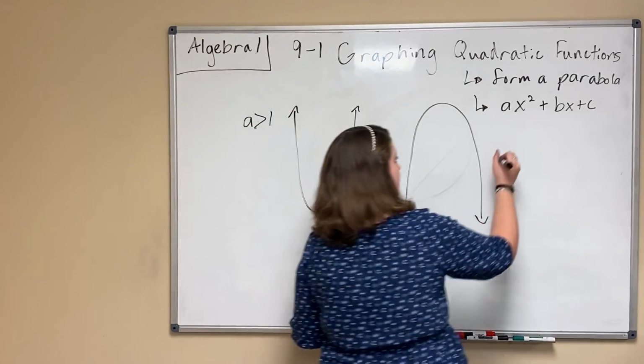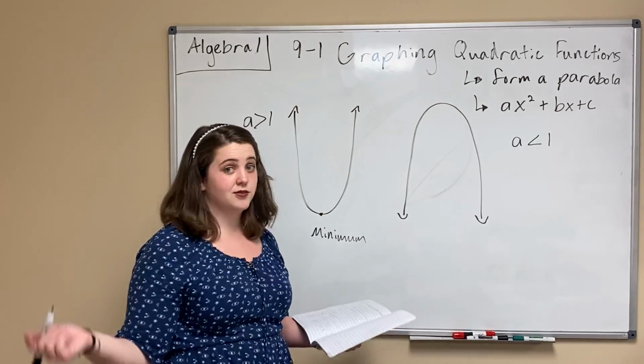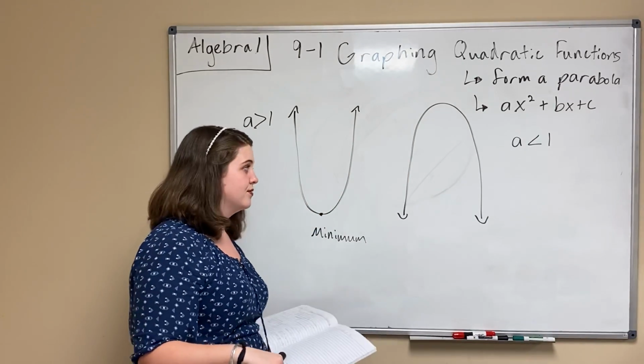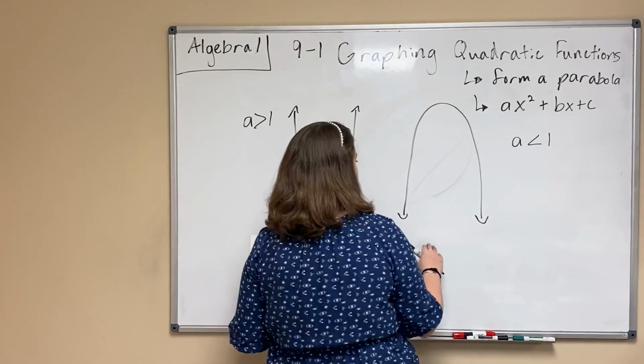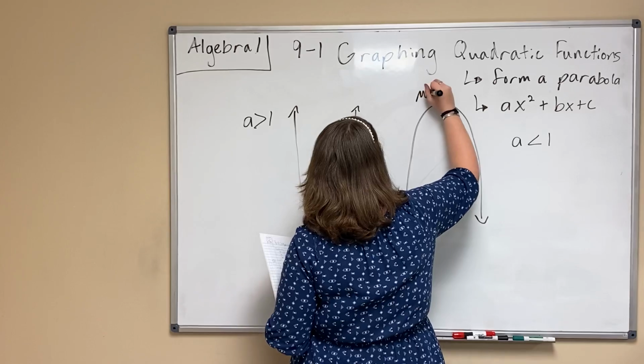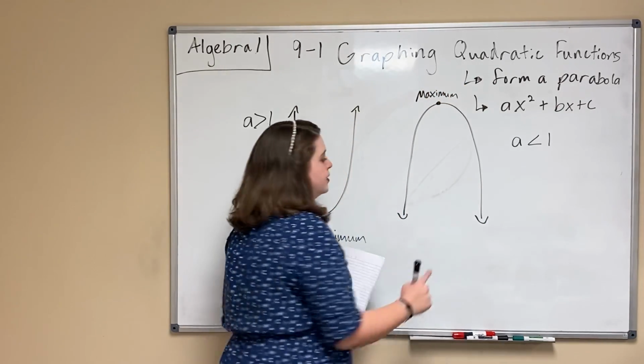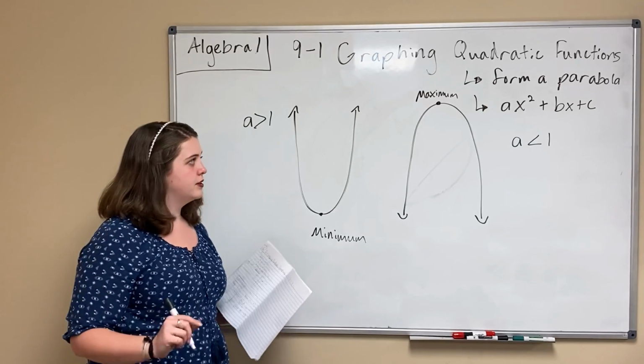If our a is less than 1, in other words, if a is negative, then our parabola is going to have a maximum and then be going down in both directions forever.